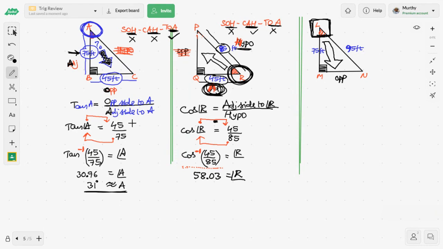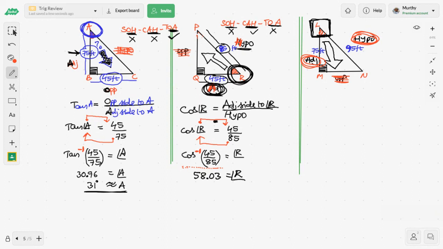Then this is opposite, and I know that the longest side is the hypotenuse, and this one is adjacent. And I personally prefer to strike out what is not required, so that I can focus on the other two sides, then I can choose the correct trig ratio to figure it out.